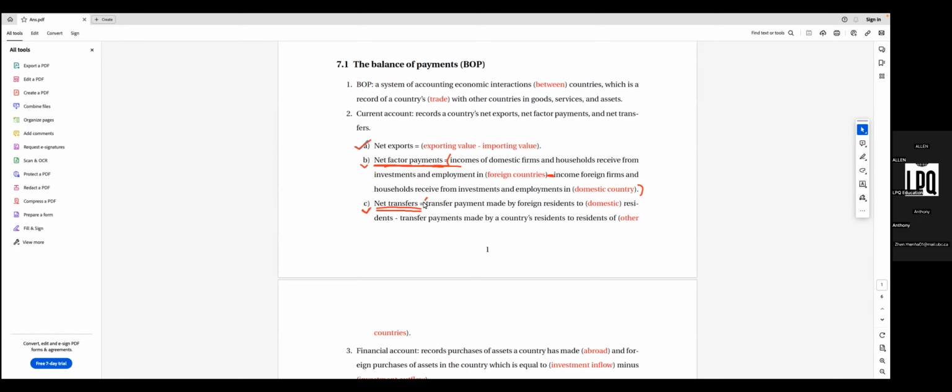And this is also a formula, where you do a subtraction. The calculated result is called net transfer, and it can be positive or negative. Then you add A, B, and C together, summing up the balance of net exports, net factor payment, and net transfer payment. It's called the balance of the current account.